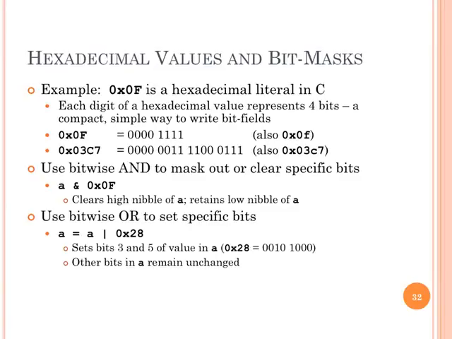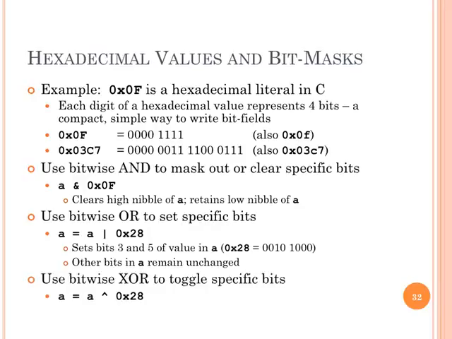But anyway, A equals A bitwise OR 28. That'll set bits 3 and 5, because you can look at what that bit vector would be in base 2. So 2 would be 0010, and 8 would be 1000. And all the other bits of A will remain unchanged. Okay. And then finally, bitwise XOR would be used to toggle specific bits.